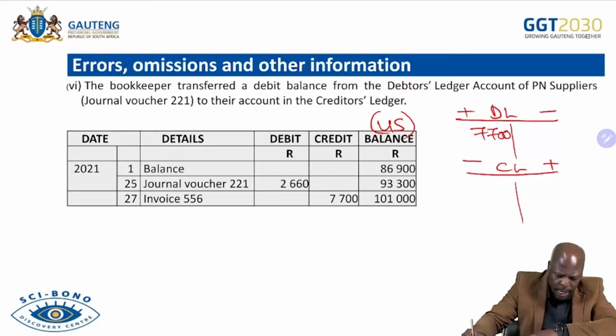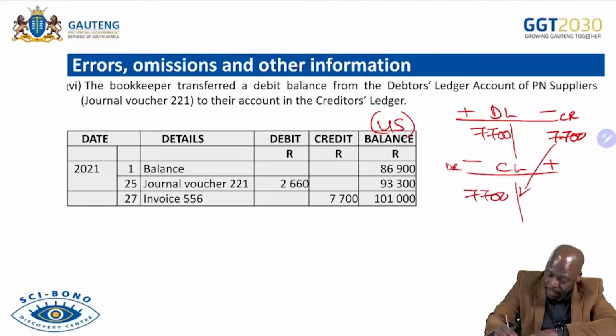Okay, so we're going to transfer it to the creditors ledger, which is a plus, and here it's going to be a minus. All right, so once I'm transferring, I'm going to take this amount to the credit side, which is 7,700, and here it should appear on the debit side, which is 7,700.